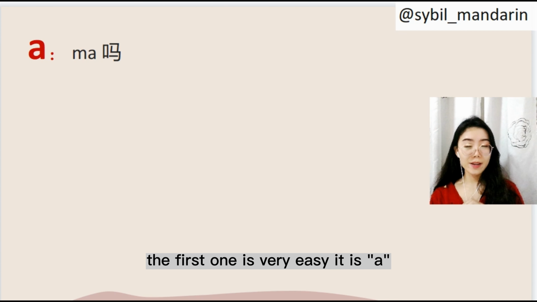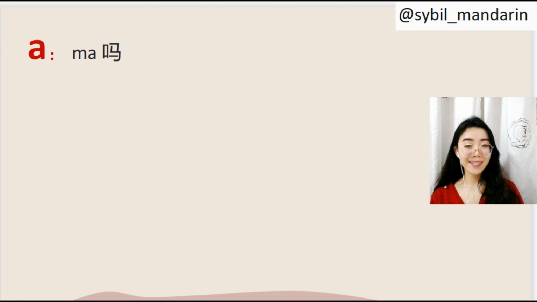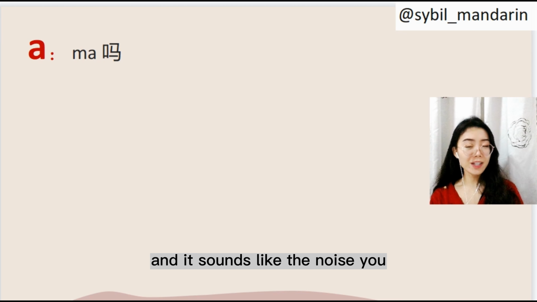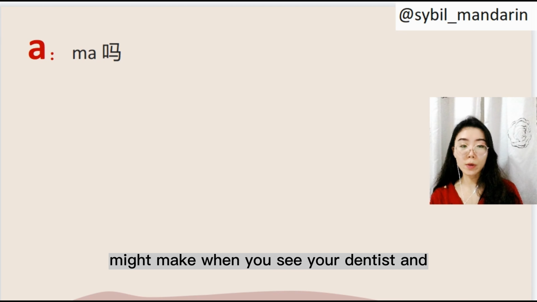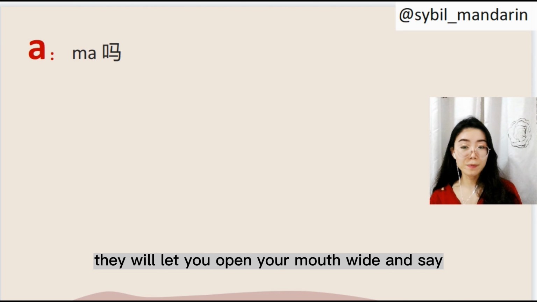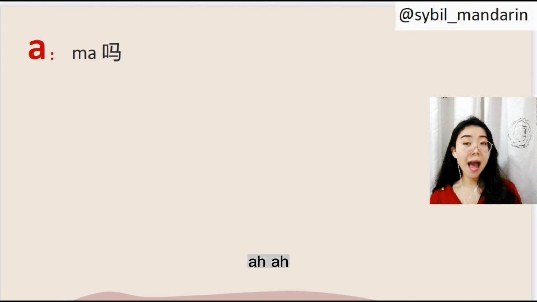The first one is very easy. It is ah. Just open your mouth as big as you can. It sounds like the noise you might make when you see your dentist and they are examining the inside of your mouth. They will let you open your mouth wide and say ah.